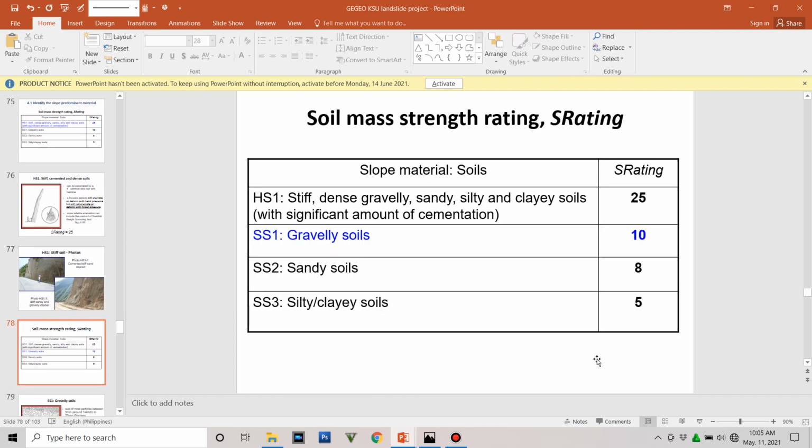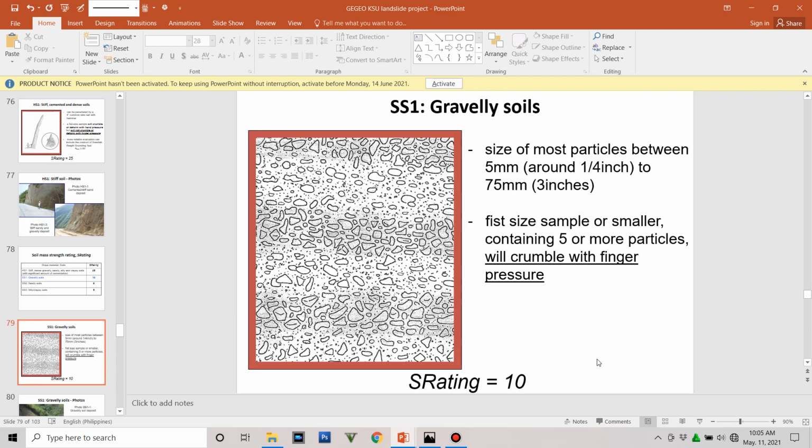So for gravelly soils, medyo there is an abrupt decrease on the rating. The size of most particles is in between 5 millimeters to 75 millimeters. So yung mga pebble materials are very evident up to sizes of 75 or 3 inches.